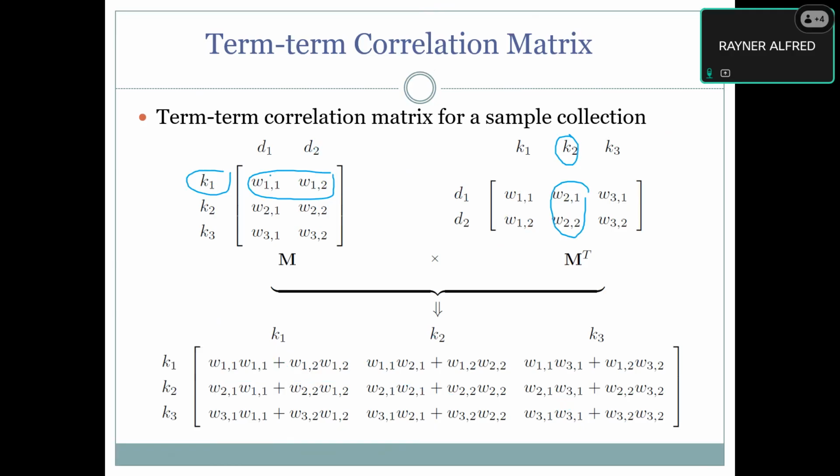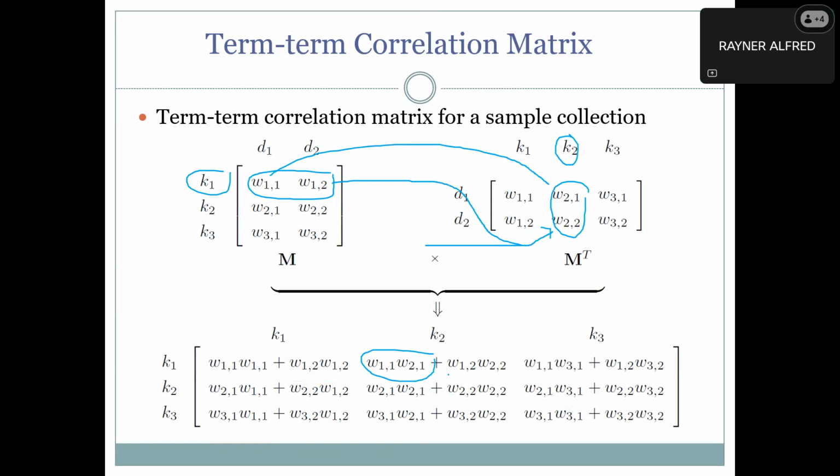Okay, so we take this weight, multiply with this, so that is this one. And then we multiply the weight of keyword 1 in document 2 and also keyword 2 in document 2. This is keyword 1, this is keyword 2.